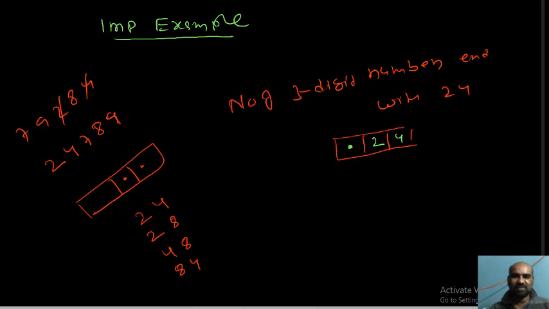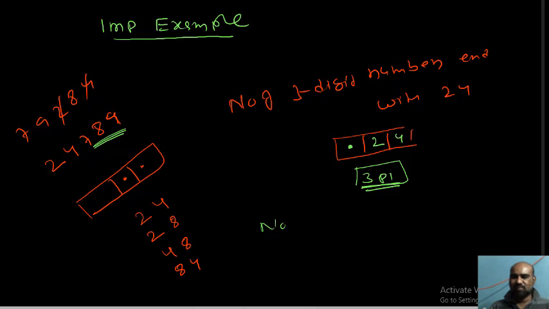How many elements are there with us? 2 and 4 are completed, remaining 7, 8, 9. I can write here 7 or 8 or 9, 3 ways, meaning there are 3 three digit numbers that end with 24. Or in permutation notation, 3 elements are there and I want to fill one blank, 3p1 ways. That is one thing.